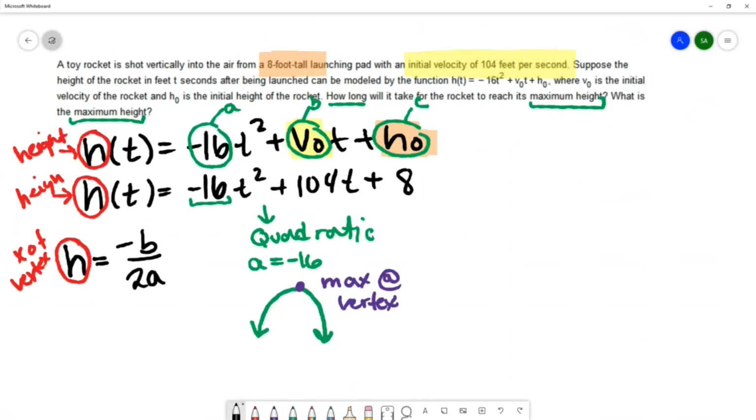So we're going to be able to find that vertex by doing negative 104 over 2 times... excuse me, I made a mistake there. That should be 2 times a, not 2 times c. So a is negative 16.